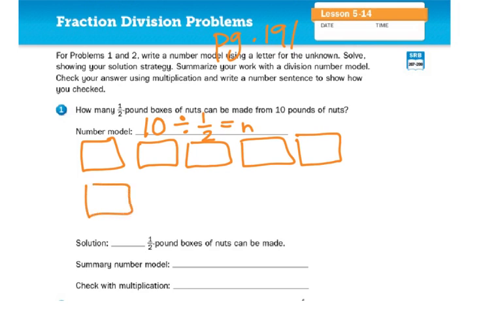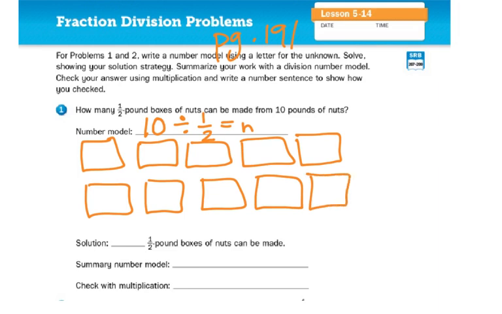Draw them with me in your math journal. 6, 7, 8, 9, and 10. Each of those pounds are divided in half, half a pound each. So how many different boxes or servings can I create?